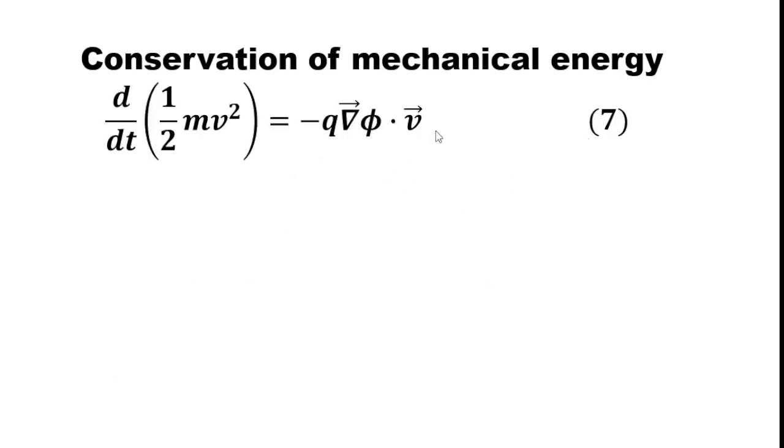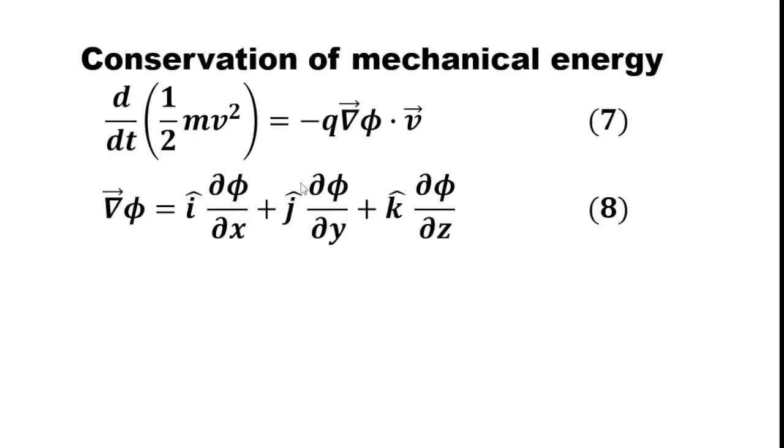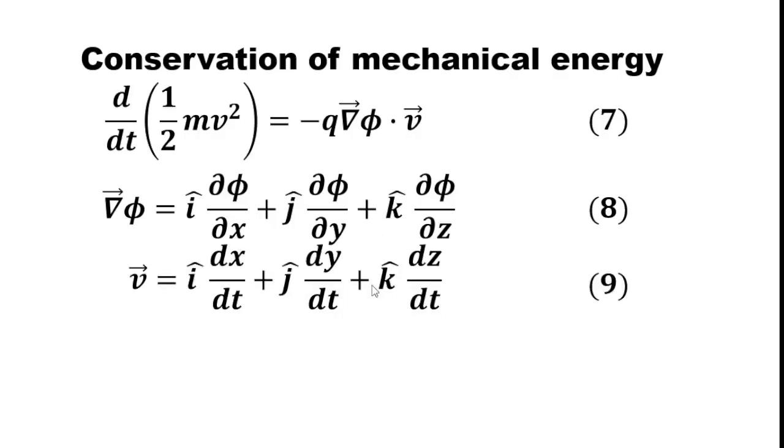Now we consider the dot product of gradient of phi and velocity. For this purpose, we consider gradient of phi in Cartesian coordinates as shown in equation 8, and we consider the velocity vector also in Cartesian coordinates as shown in equation 9.